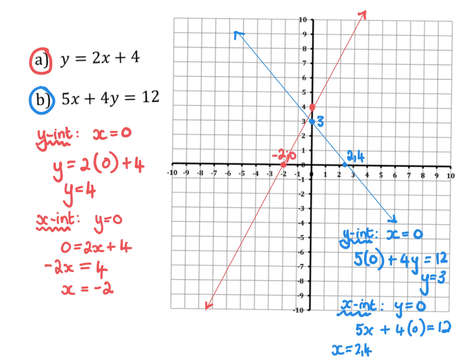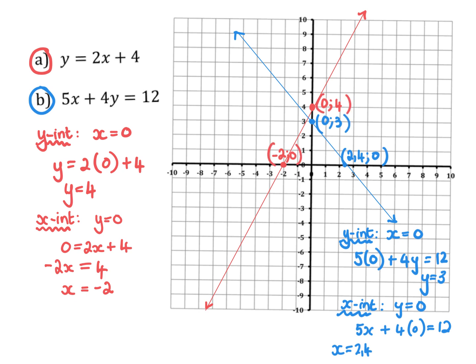And for this one, remember that your x value is 0 at the y-intercept. And the same for my blue line, that would be 0 and 3. And this one would be 2.4 and 0. It's also good to put your curly brackets around all of them.